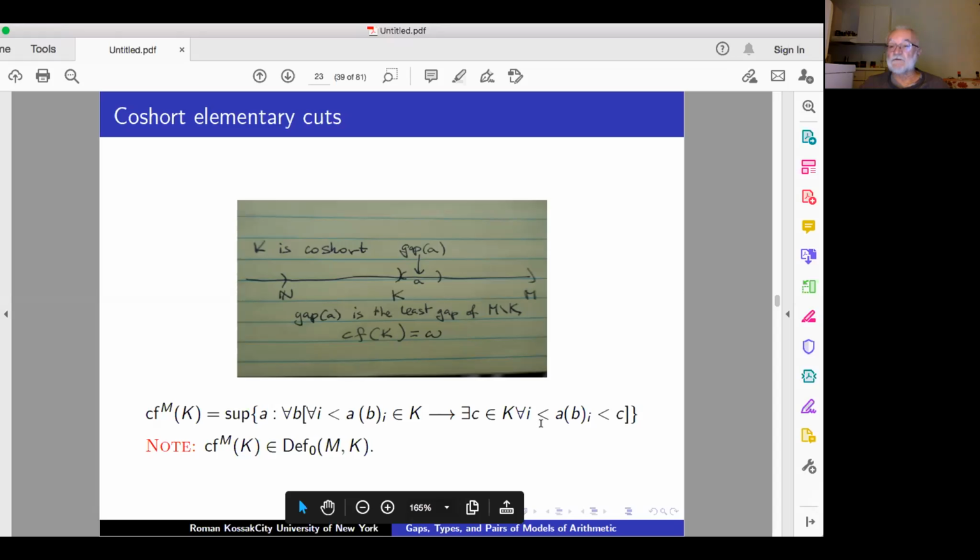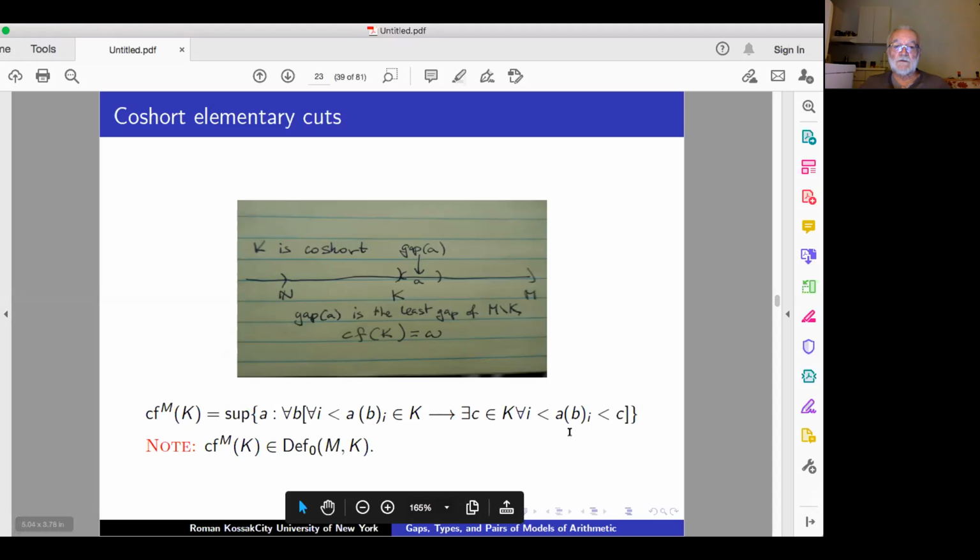There's a bound for that sequence. So you look at the supremum of all those A's. There won't be a largest A. So for example, the cofinality of any cut will always be greater than omega. Omega is clearly smaller than the cofinality defined this way. And this is a combinatorial property defined by Laurie in his thesis.